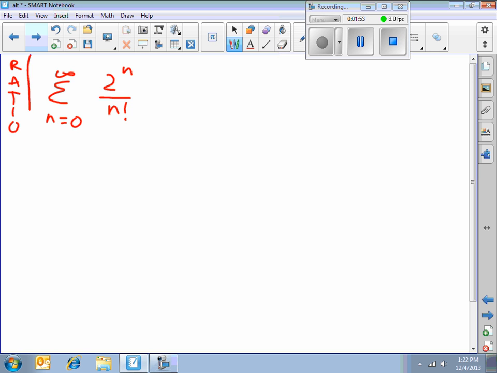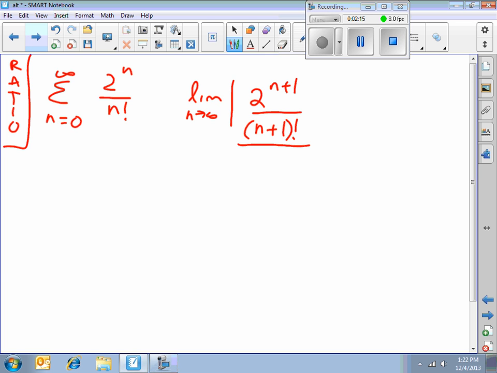All right, so the theorem says I can look at the limit as n approaches infinity of the absolute value of the next term, the n plus 1 term. So I'm going to put n plus 1 in for n: 2 to the n plus 1 over n plus 1 factorial, and I divide that by the original one, 2 to the n over n factorial, and then evaluate this.